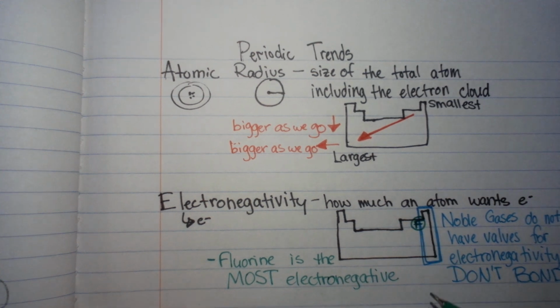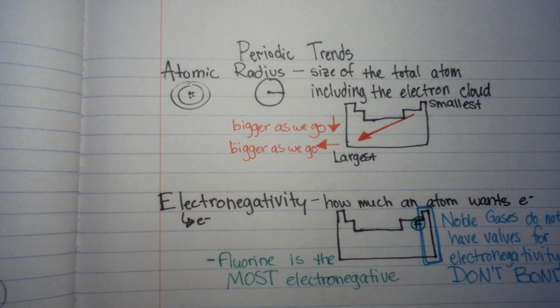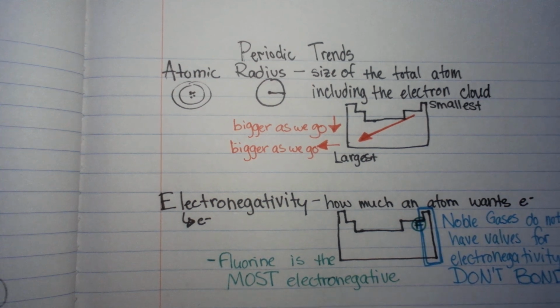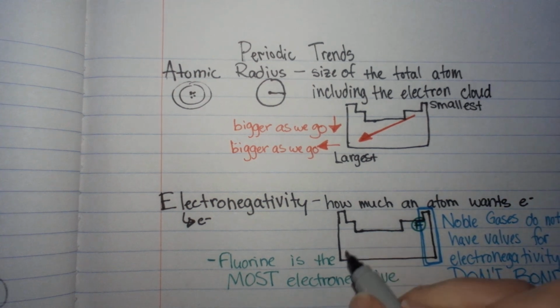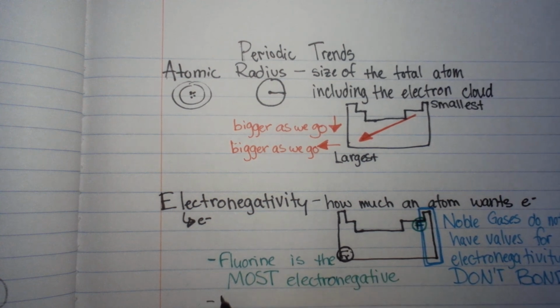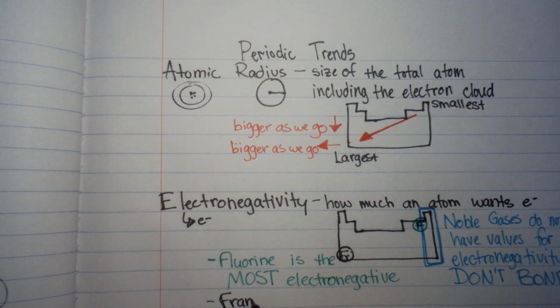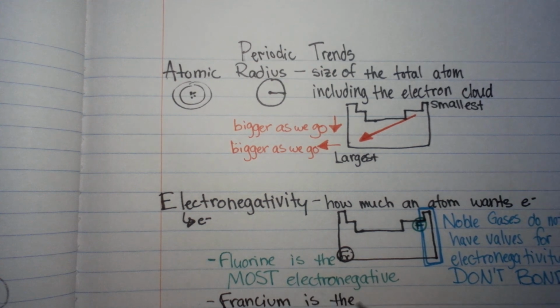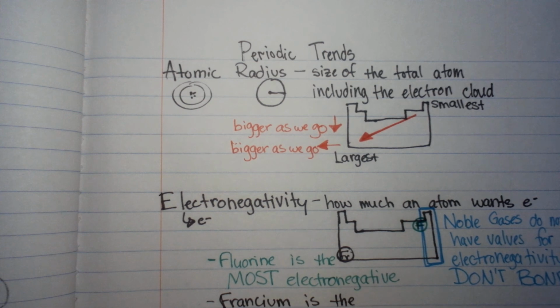Fluorine is the most electronegative. And then we will look at which one is the least electronegative. Francium is the least electronegative.